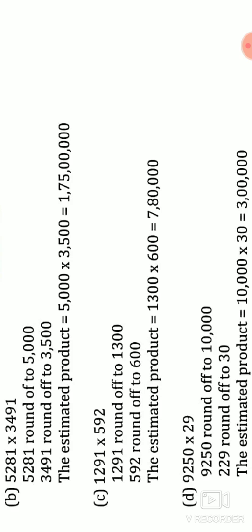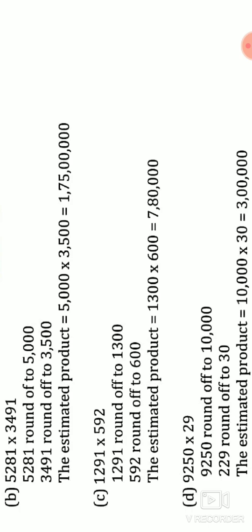Then you have to multiply 10,000 with 30, and you will get the estimated product. Here in 10,000, 4 zeros are there, in 30, 1 zero. Therefore total 4 plus 1, 5 zeros.